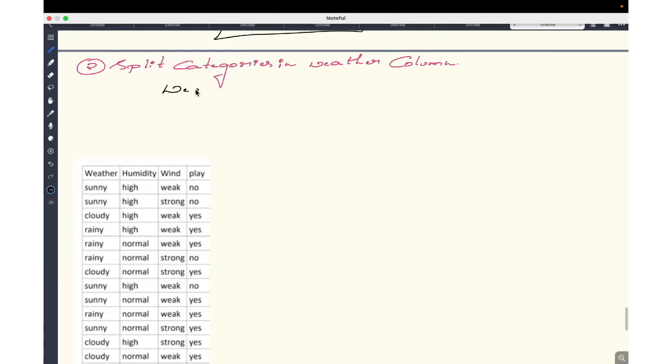Weather is getting split into three things. One is sunny, and then we have cloudy, and then we have rain. Okay. Splitting is done. What is the third step?